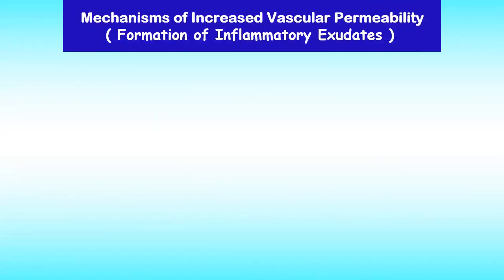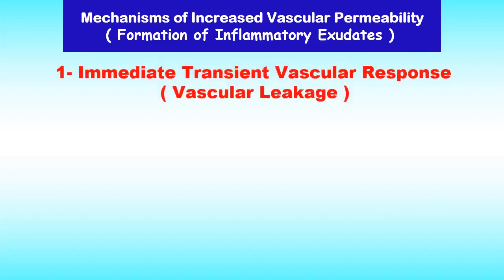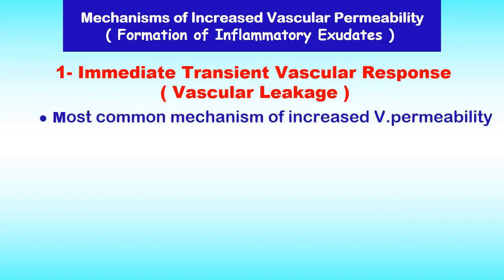The first mechanism of increased vascular permeability is immediate transient vascular response, or vascular leakage. It is the most common mechanism of increased vascular permeability.